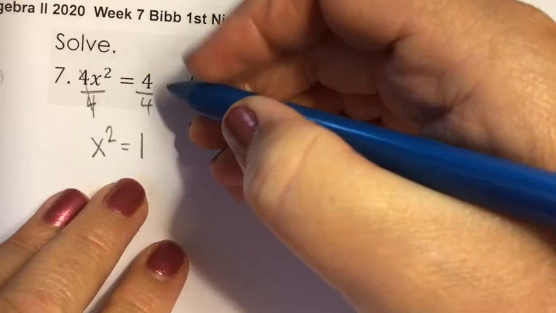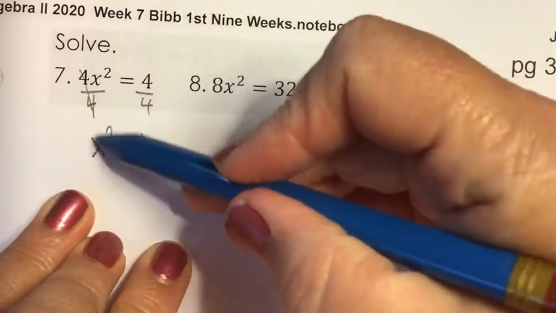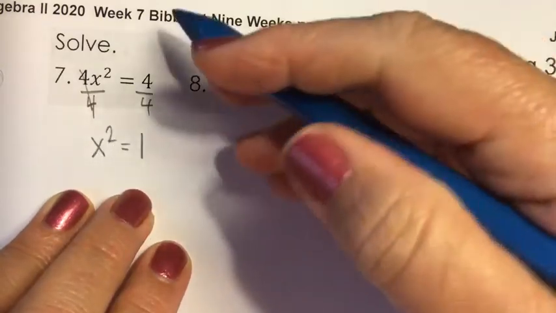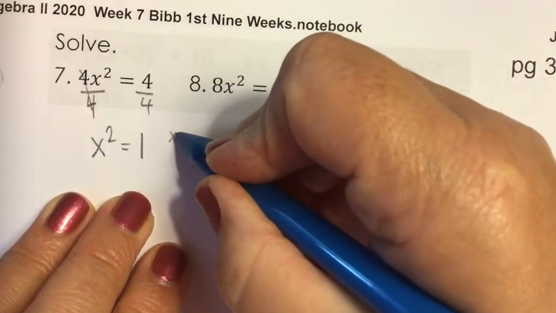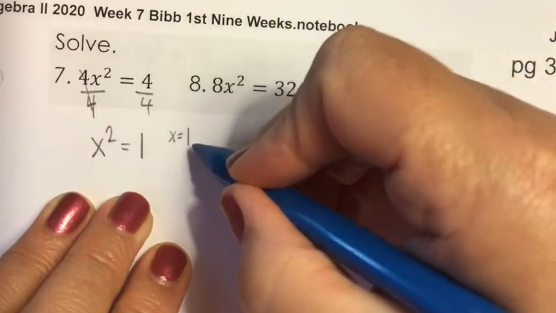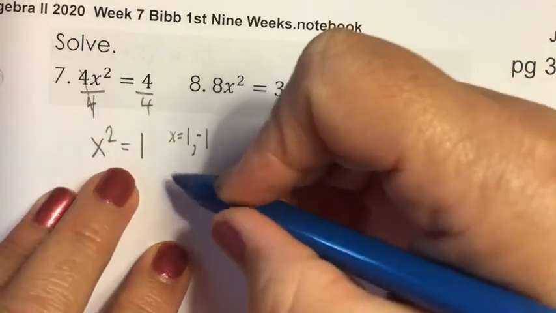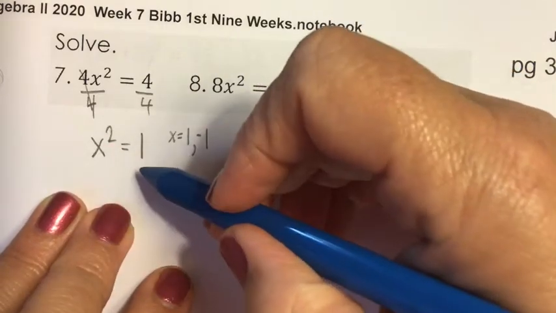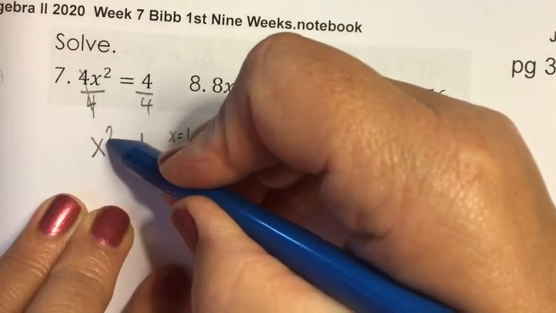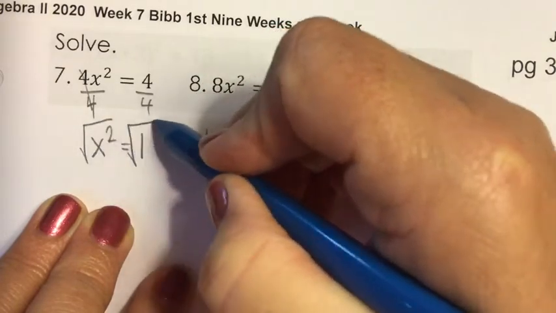First thing I want us to discuss is what number or numbers can you square to get 1? You can square 1 to get 1. You can also square negative 1 to get 1. Negative 1 times negative 1 is 1. The process or the work that you show to solve this is to unsquare x squared, you take the square root.